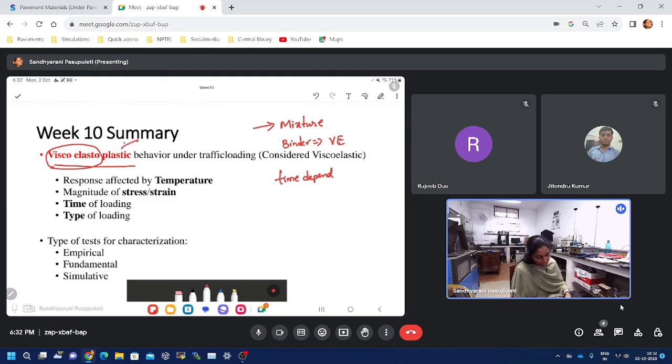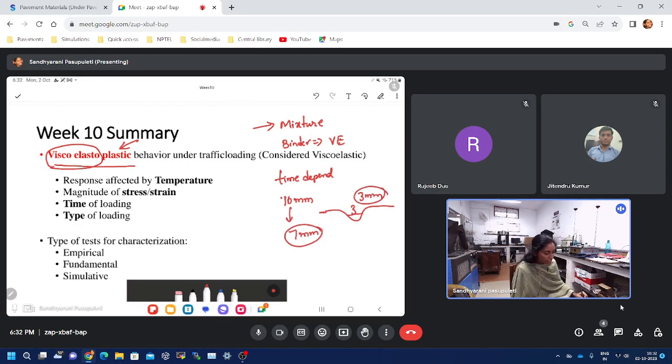When I say plastic, it means whatever amount of time you provide, there will not be any recovery, at least for some percentage of deformation. Let us say 10 mm is the deformation observed on the surface of the asphalt mixture. If you provide 1 year of time, you can assume that 7 mm can come back, but still there will be 3 mm of rutting.